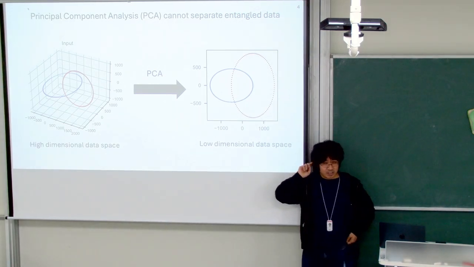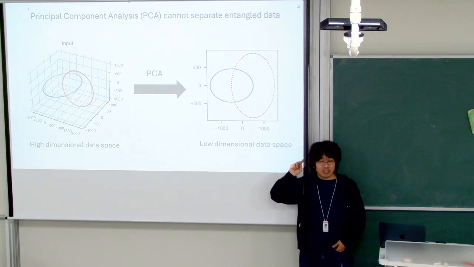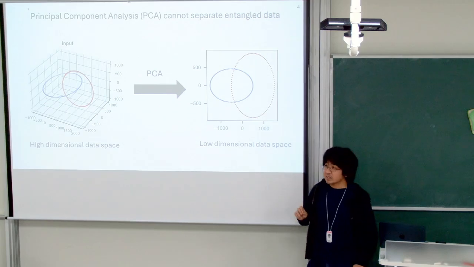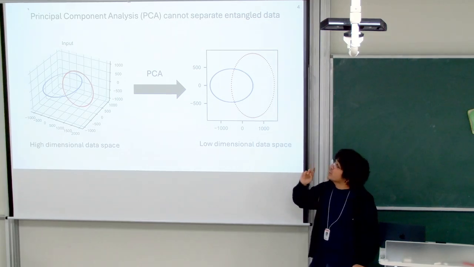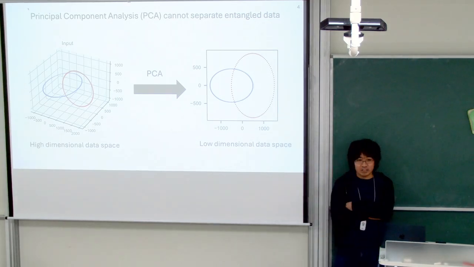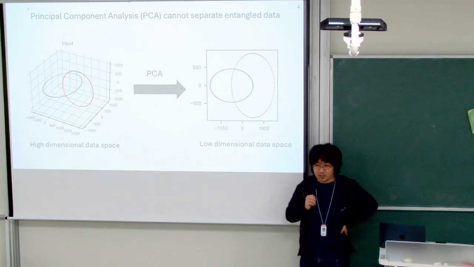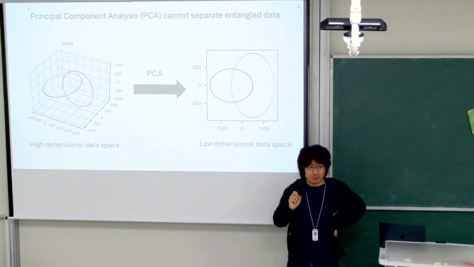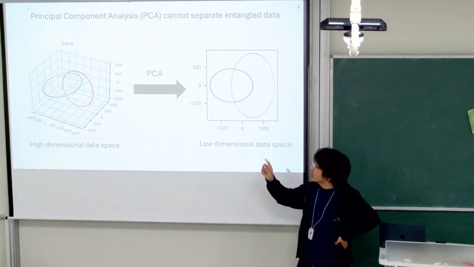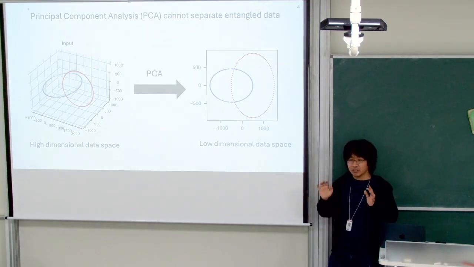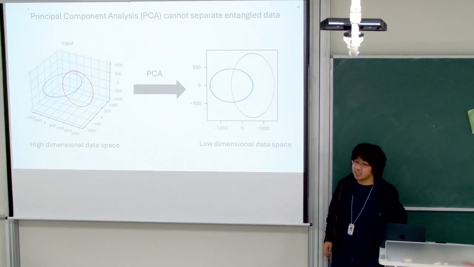One of the simplest dimensionality reduction methods is principal component analysis, and this method is widely accepted. But there is a problem. The PCA method cannot separate entangled data.